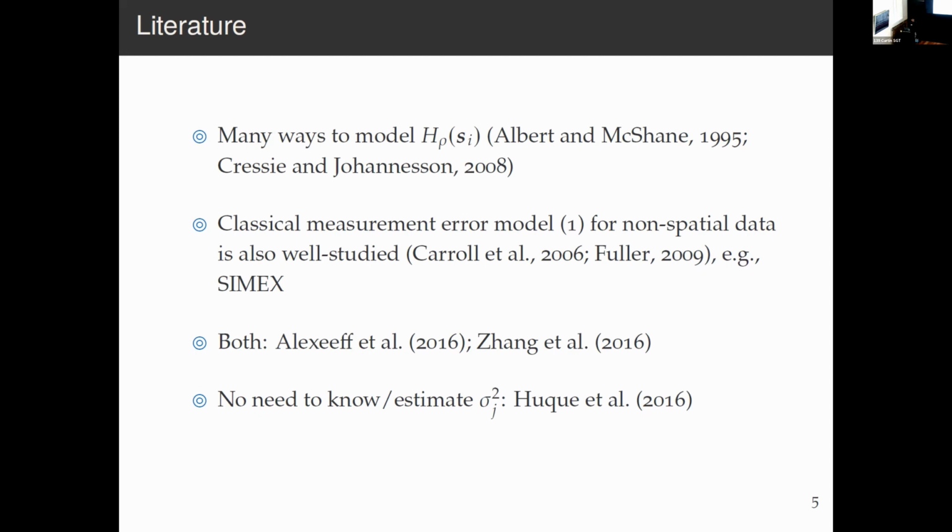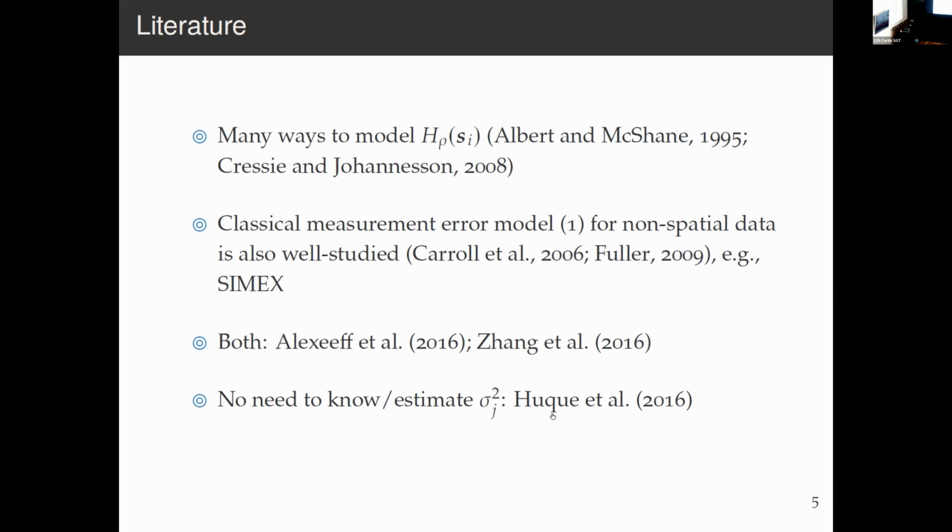And for our work, basically we extend this Hui et al. 2016 paper, which considers the situation where you have more or less Gaussian distributed responses. So they consider linear mixed models. In this work, we extend their approach to a generalized linear mixed model framework so that the range of responses you can apply it to is a fair bit larger.